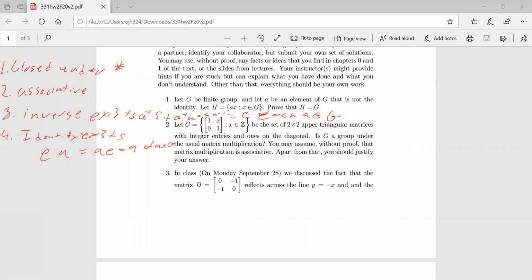Yes. x equals 0 gives us the identity. So if we set x equals 0, we get [1 0; 0 1], which any of you who have done any linear algebra should recognize as the identity matrix. Cool. So 4 works.